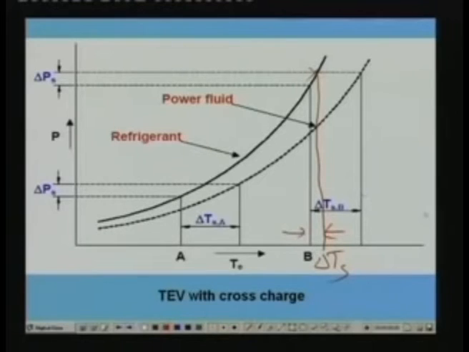But by using the cross charge we could maintain a high degree of superheat even at higher evaporator temperatures. So that is the advantage of using cross charge. So whenever you have the problem of operating the system over a wide evaporator temperature range, normally you use a cross charged thermostatic expansion valve.